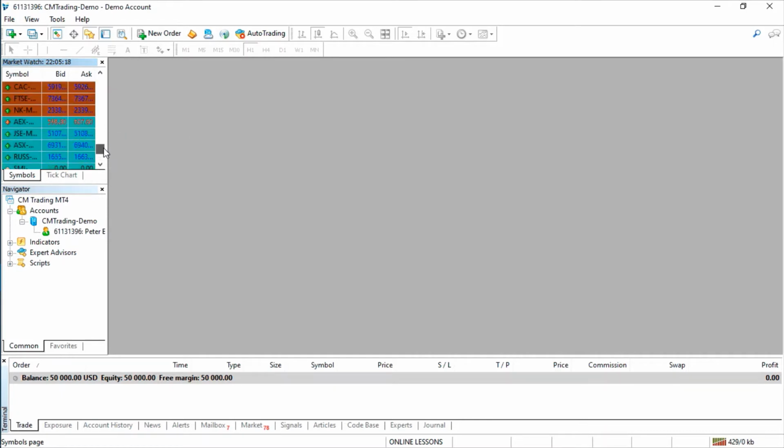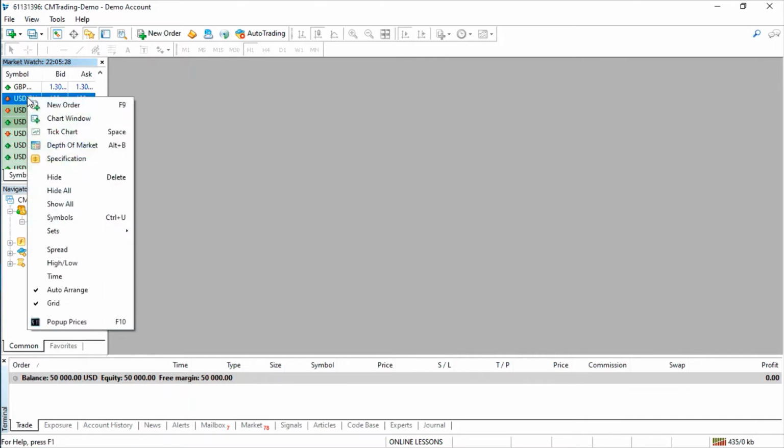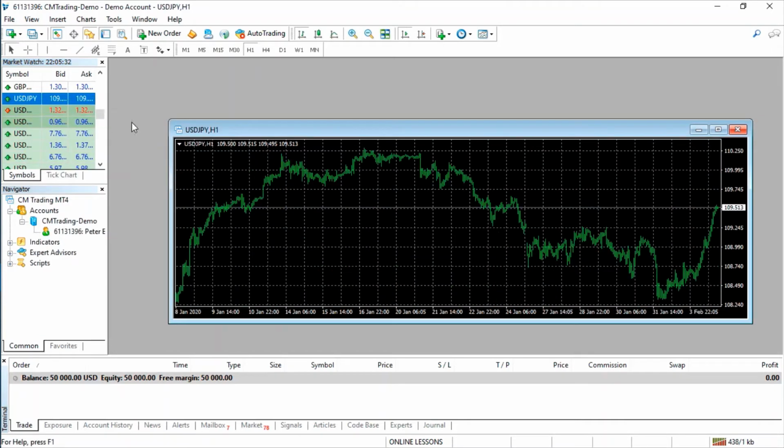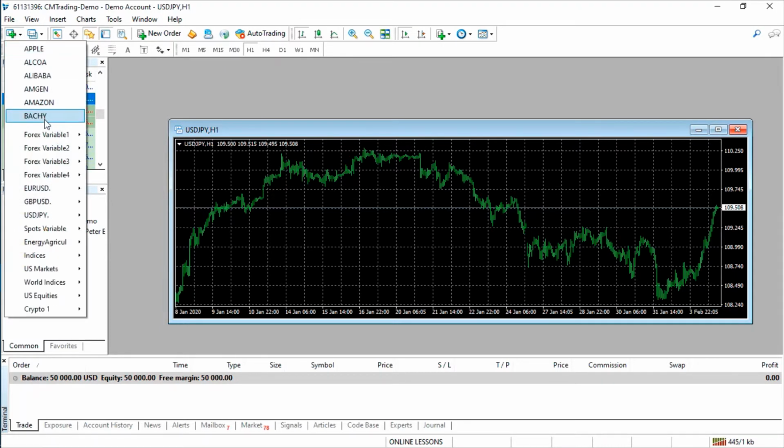We can start with USD/JPY, the US dollar versus the Japanese yen. You open the chart, or you just click on the chart window, and it appears there. The other way to do this is to come to this box, click on it, then find the currency you want to trade.